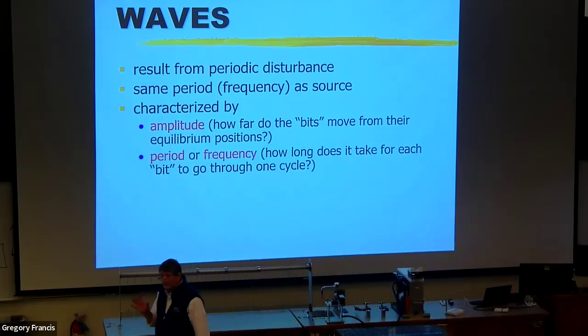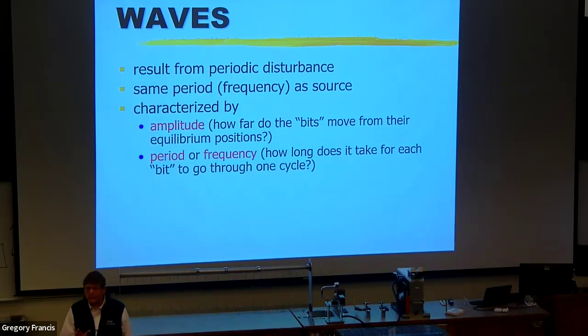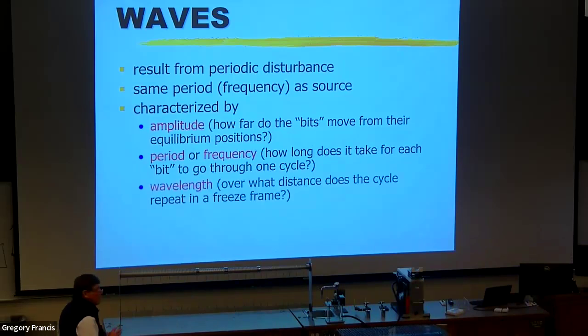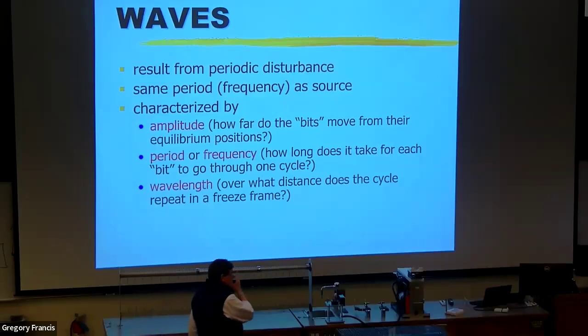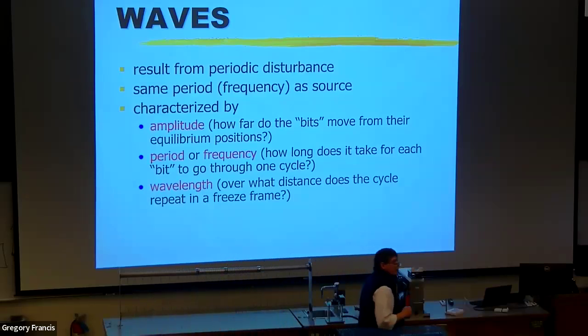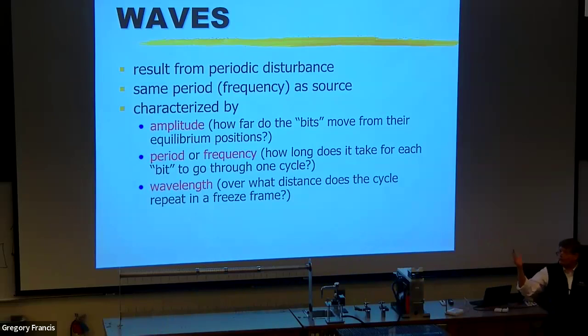Now that seems very similar to simple harmonic motion, where we were last day. Here's the new piece that we haven't seen yet, the wavelength. The wavelength is the distance over which this pattern repeats itself. So that would be from a crest to a crest, or a trough to a trough.